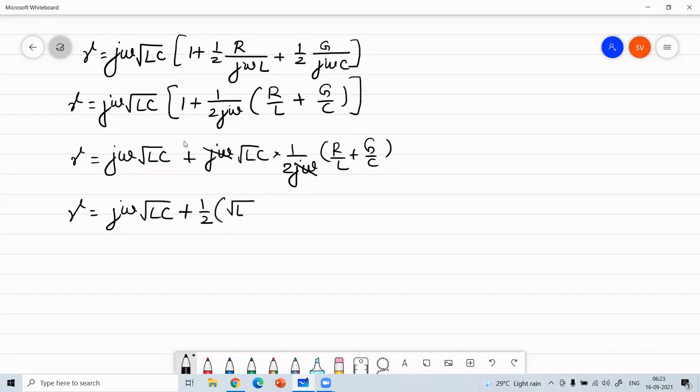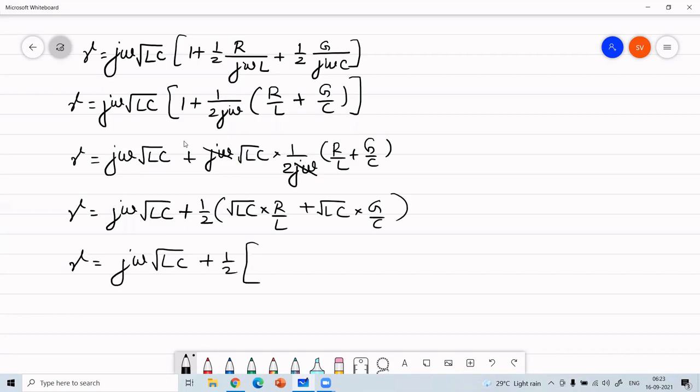So that is root LC into R by L plus root LC into G by C. Now gamma is equal to j omega into root LC plus half into (root of LC by L squared, that is, this L is taken inside the square root so that it becomes L squared, into R plus root of LC by C squared into G).